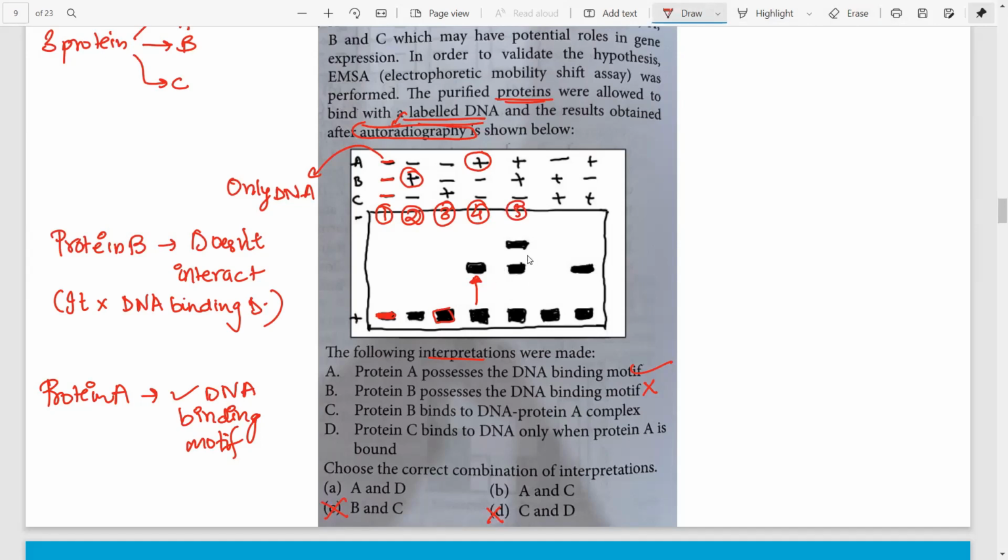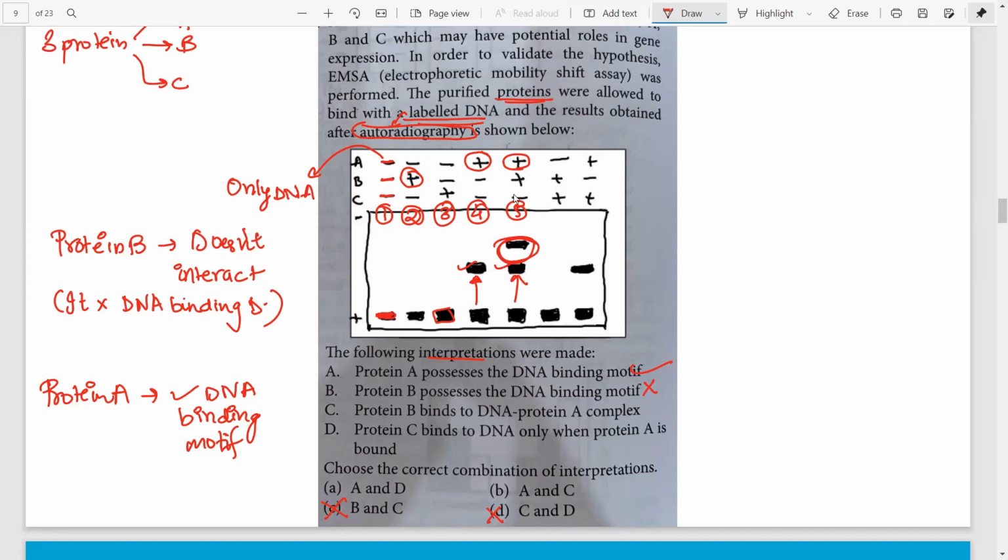Since in both lane 4 and 5, you had the protein A and DNA, both places you are seeing that interaction, because protein A has a binding domain for the DNA, it is binding and therefore the mobility is reduced here. But we are obtaining another additional band, and this band seems to be even less mobile than the previous one, right?